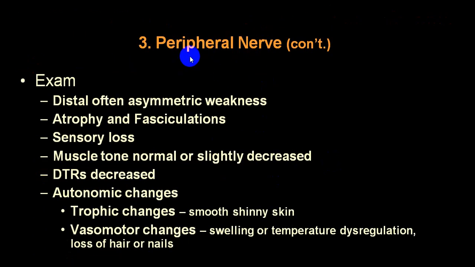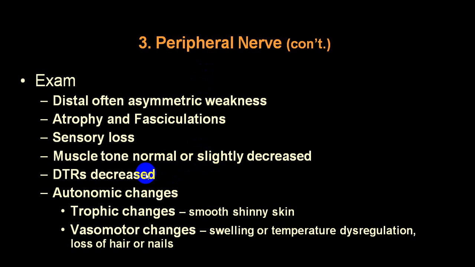So, in examination of the peripheral nervous system, by and large it is asymmetrical weakness, atrophy is very common, fasciculation is very common, sensory findings are common, and as far as muscle tone is concerned, we might have hypotonia because it is a lower motor neuron type of damage.